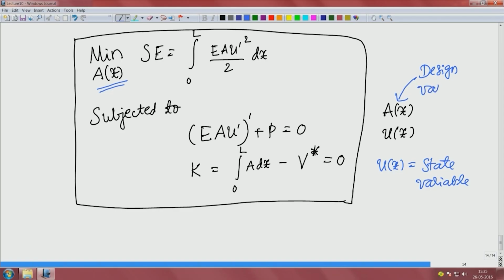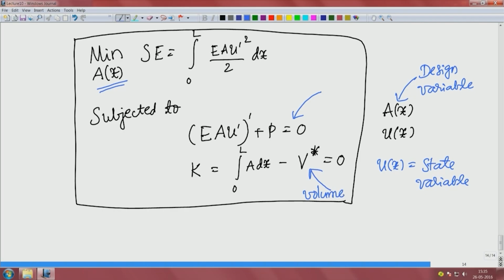So, we have now formulated a problem that involves two functions: one is a design variable and the other is a state variable. The state variable is governed by a differential equation, and there is a resource constraint on the volume of the bar. It is a typical structural optimization problem.